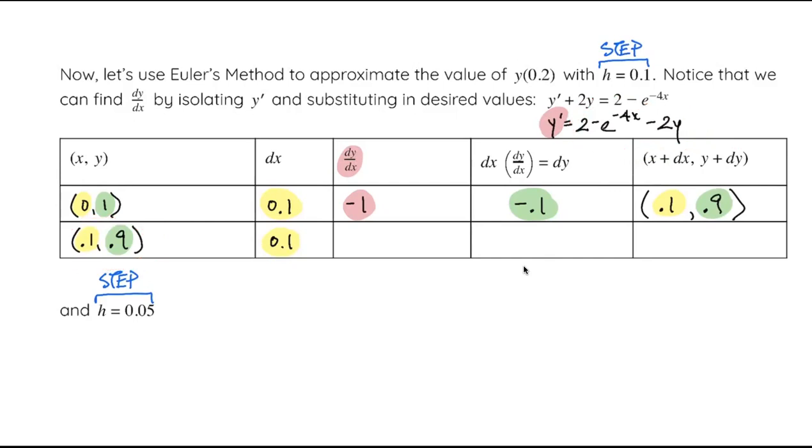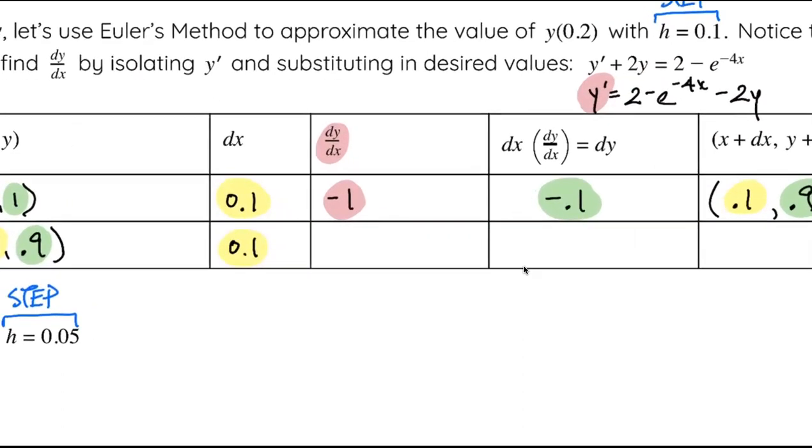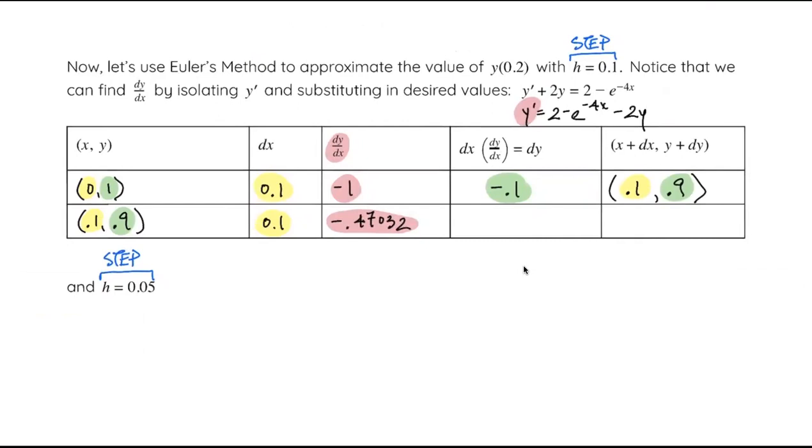I won't bore you with the calculations of that, but please try that and confirm that it's negative 0.47032. Okay, so again, I got that value by taking 0.1 and 0.9 and plugging that into the y prime equation.